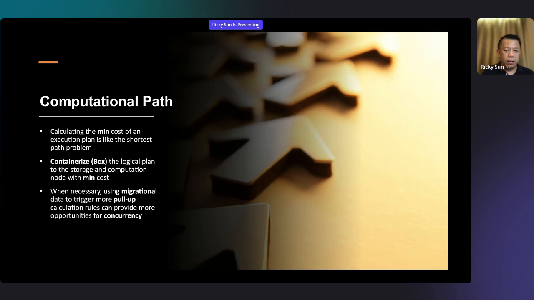Using migrational data to trigger more pull-up calculation rules can potentially provide more opportunities for concurrency. Concurrency is the key to allow for better performance in terms of latency.